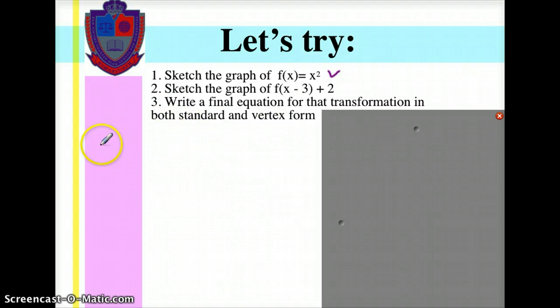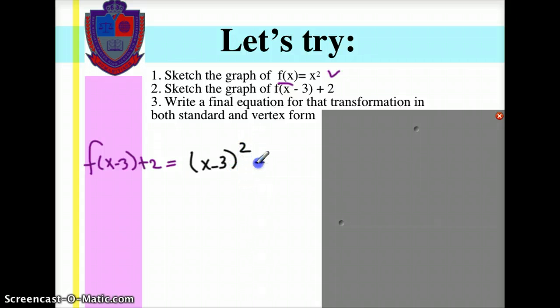So f of (x minus 3) plus 2, I'm using my function f of x. Wherever I see x, I'm going to replace it with x minus 3. So this becomes (x minus 3) squared plus 2. That's my new function. All I did was replace the x up here.